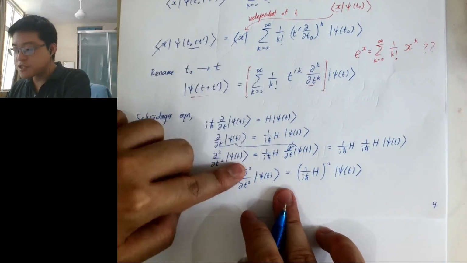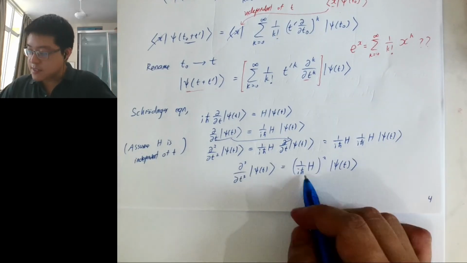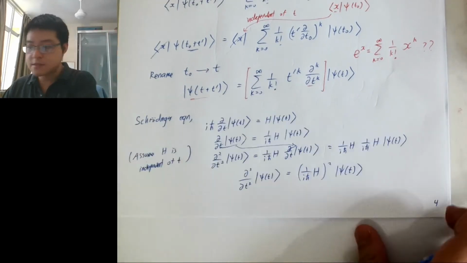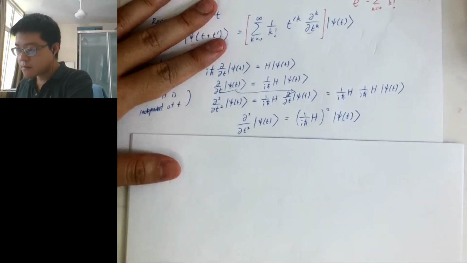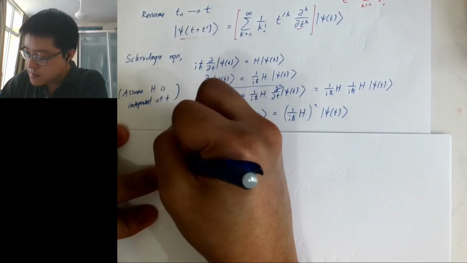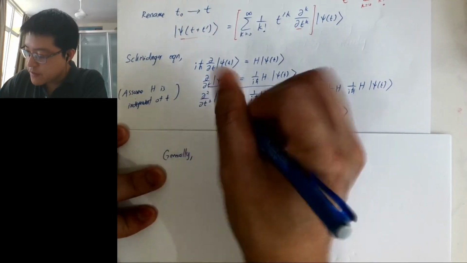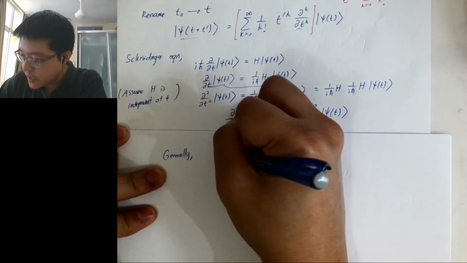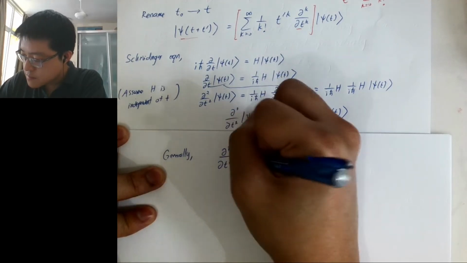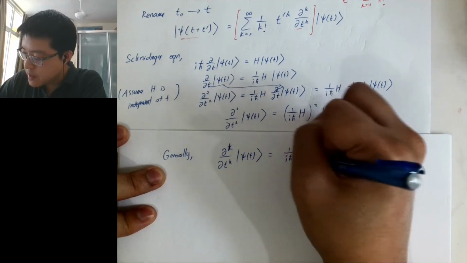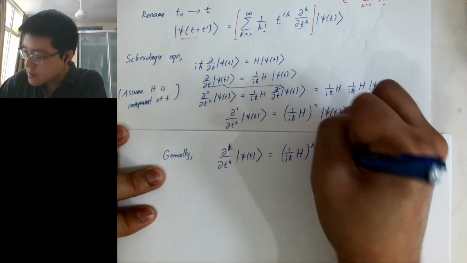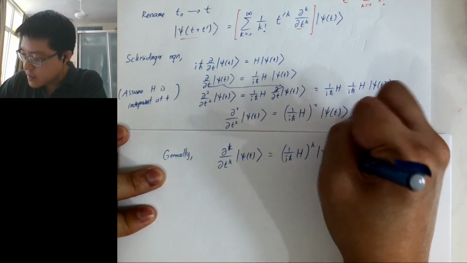If I differentiate k times, it's just the Hamiltonian acting on this k times. So generally, if I differentiate my wave function k times, it's just 1 over i h bar acting on my Hamiltonian k times acting on my state.